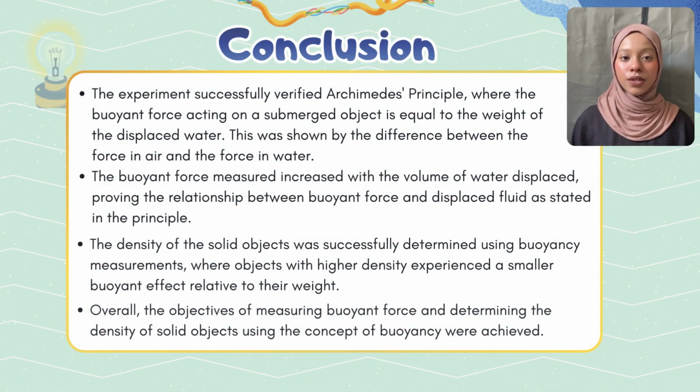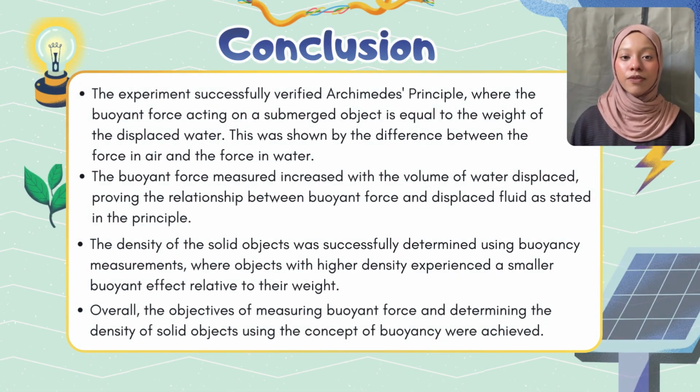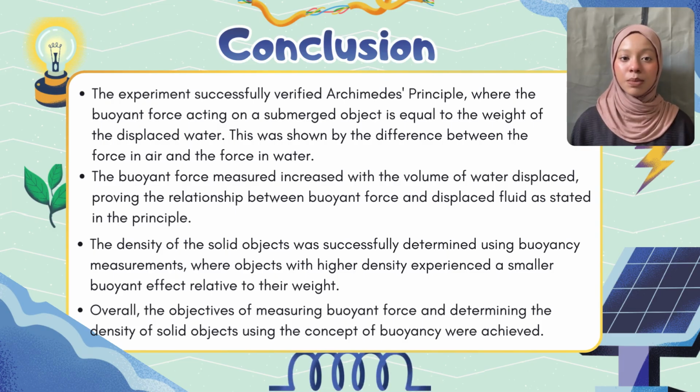For the conclusion, the experiment successfully verified Archimedes' principle, where the buoyancy force acting on a submerged object is equal to the weight of the displaced water. This was shown by the difference between the force in air and the force in water. The buoyancy force measured increased with the volume of water displaced, proving the relationship between buoyancy force and displaced fluid as stated in the principle.